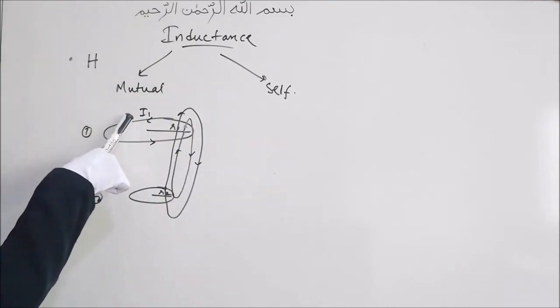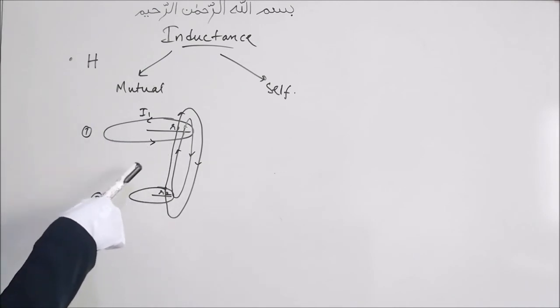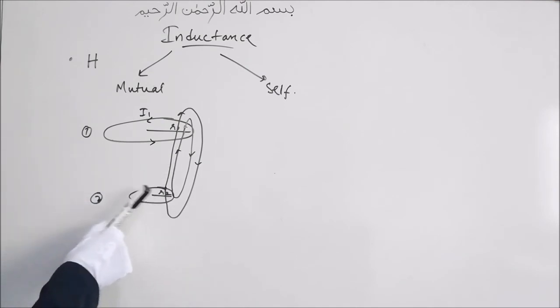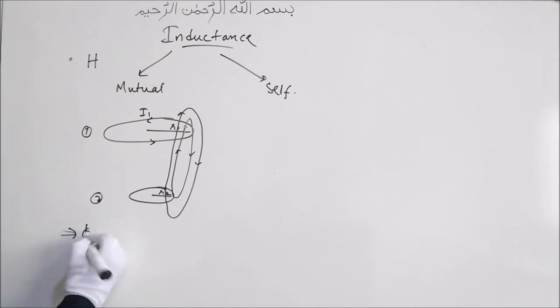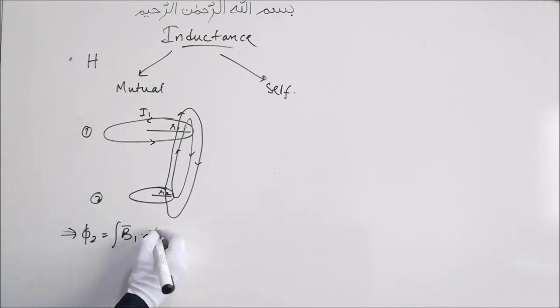So because of this current I1, a magnetic field B1 is produced. This magnetic field B1 will get linked with coil 2 and a current I2 will flow in this coil. The flux linked with coil 2, phi 2, will be the integral of the magnetic field produced by coil 1 dotted with the area of coil 2, B1 dot A2.